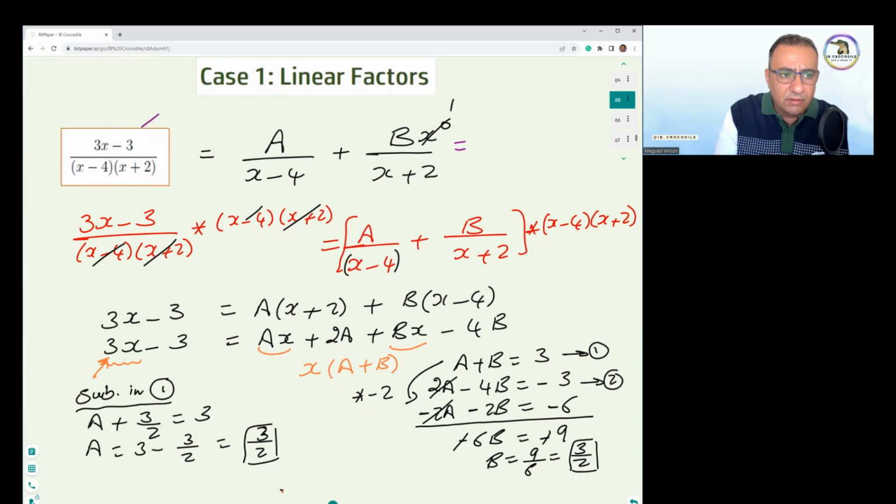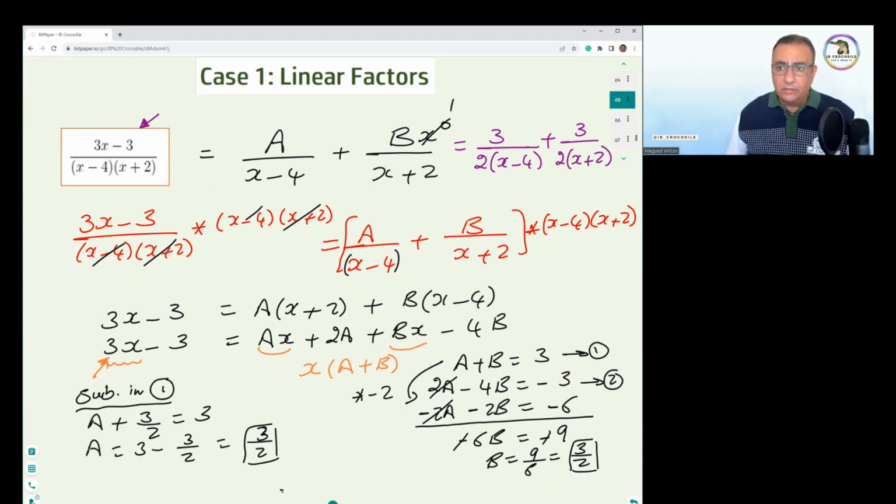So this original function is going to be a, which is 3 over 2, over x minus 4, and then plus b, which is 3 over 2 as well, over x plus 2. So that is the way of decomposing a rational function.